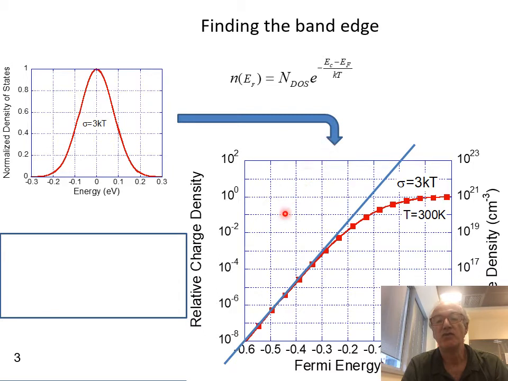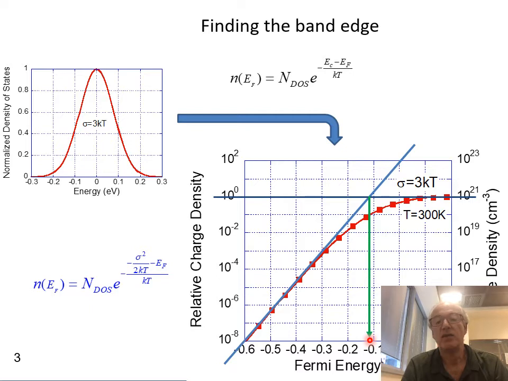And now we need to define the parameter that would fit this line. So we place here another horizontal line, and we can graphically define the position of the band edge, and we see that in this context it's a little bit below minus 0.1 eV.